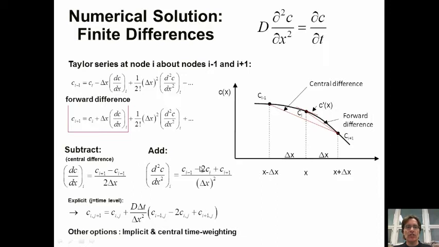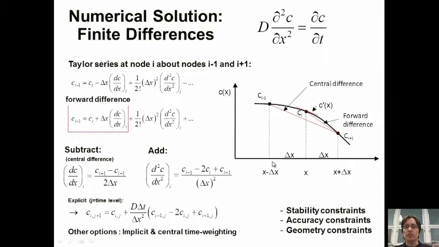And combining these two equations, at least for an explicit approach, where all our unknowns are at the old time level, we get a finite difference equation for the concentration at node i at time j plus 1, or time t plus delta t, and it's a function of our known concentrations at the old time level j, and our neighboring nodes i minus 1 and i plus 1, as well as our central node Ci, and our coefficient of dispersion, and a grid time step, and our grid spacing. Other options are implicit and central time weighting, which have some more advantages.